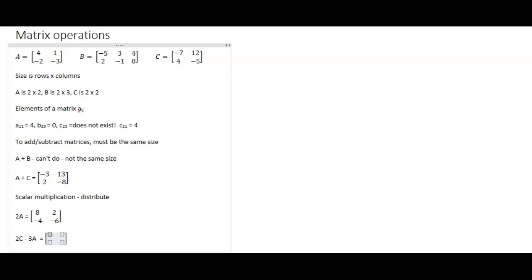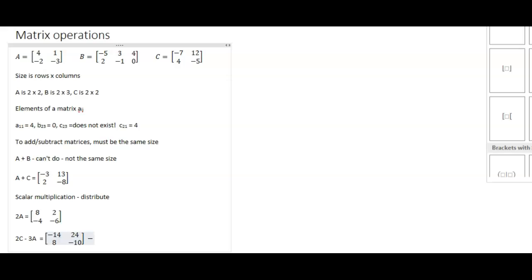Here's 2C. 2 times everything in matrix C, negative 7 times 2, 12 times 2, 4 times 2, negative 5 times 2. You can either think of multiplying by negative 3 and adding, or multiplying by positive 3 and subtracting.